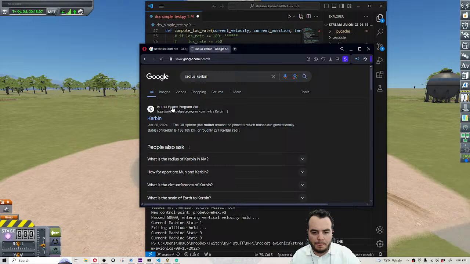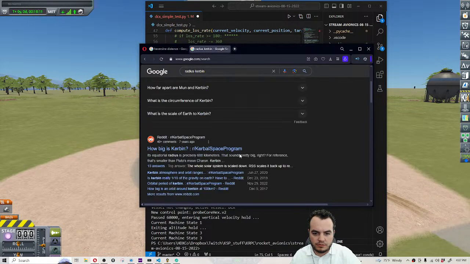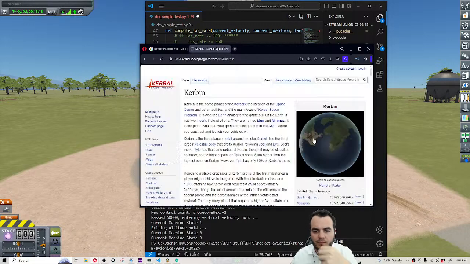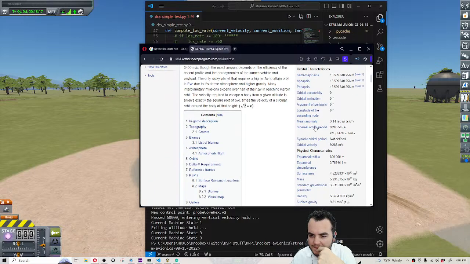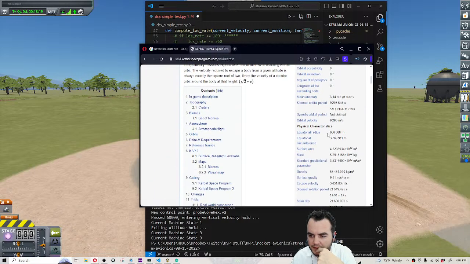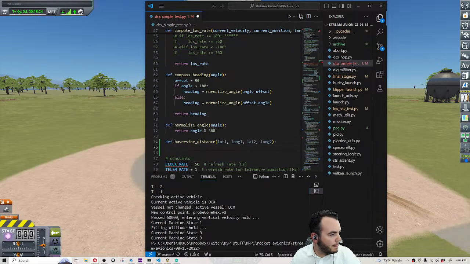Okay, so let me see, radius of Kerbin. What's the radius of Kerbin? Uh, 600,000 meters. Okay, 600,000 meters. Perfect.